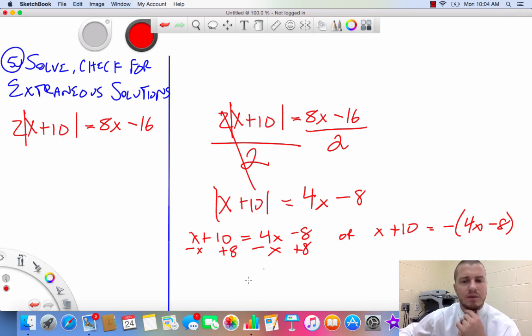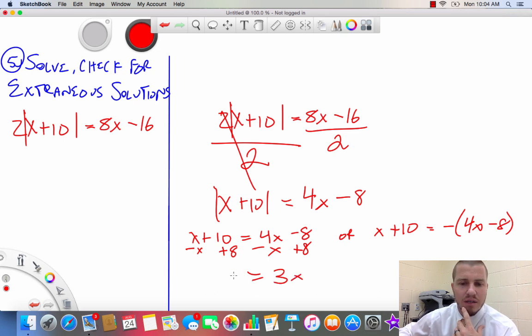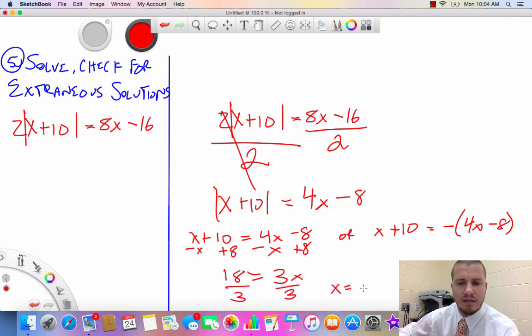The reason I'm doing it this way is so that my x stays positive. You could have done it the other way, but I want all my x's on one side, all my constants on the other. So that makes 3x equal to 18. And now I can divide by 3, and x is equal to 18 divided by 3, which is 6.